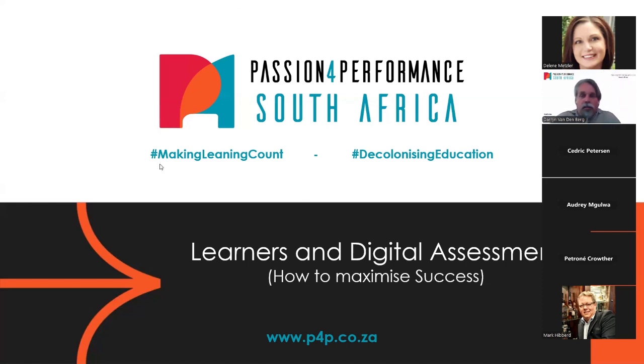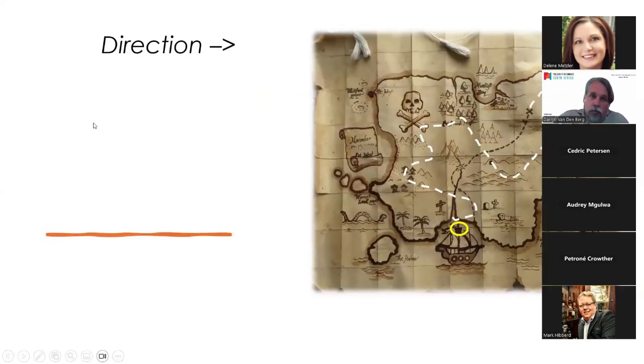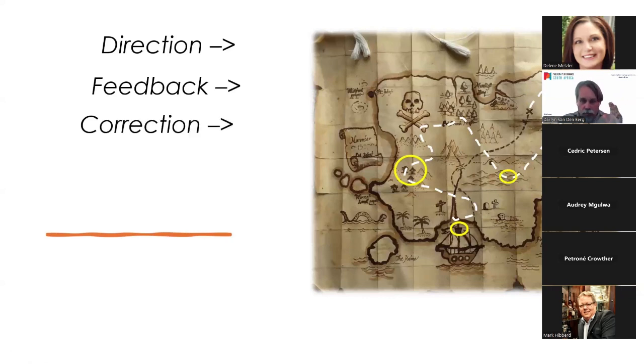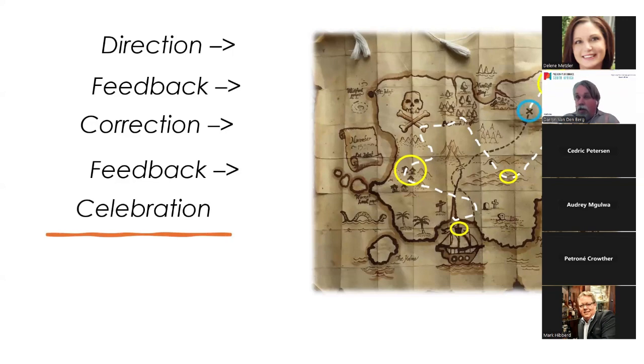We are talking about learners and their perspective of digital assessment. Your learners need direction. They need to know where they're going and what they need to achieve. They need feedback, and lots of it.